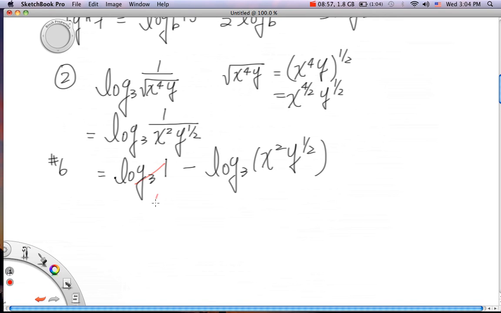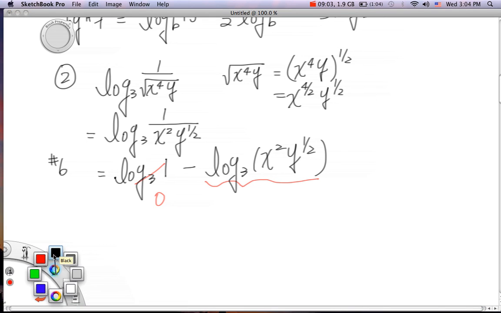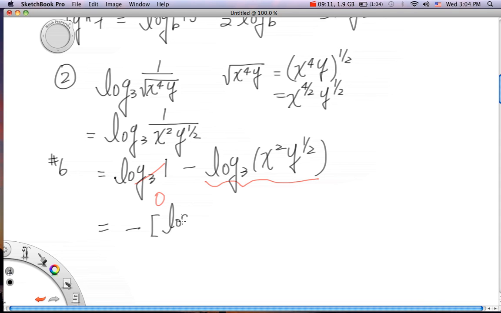This is 0. Now here, be careful because you have multiplication inside and you have a subtraction there. So if I were to expand that negative, I want to be careful about this because this is together. That's log base 3 of x to the 2nd plus log base 3 of y to the 1/2. This is by rule number 5.